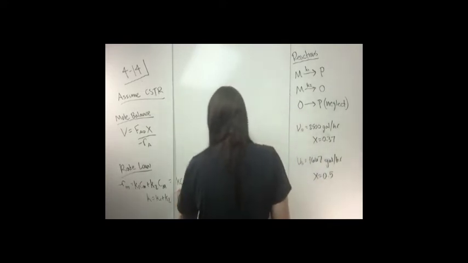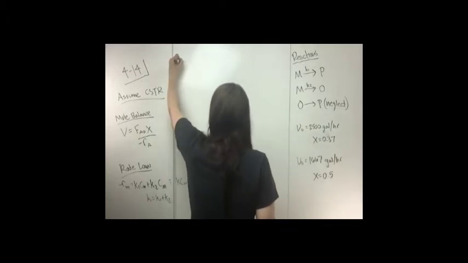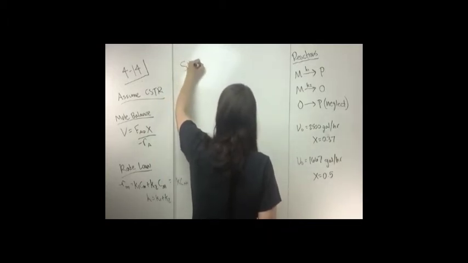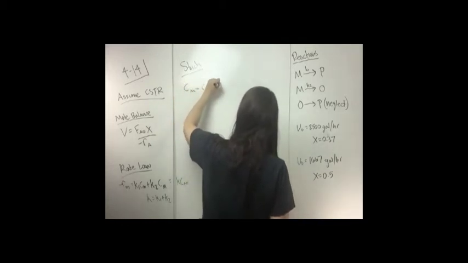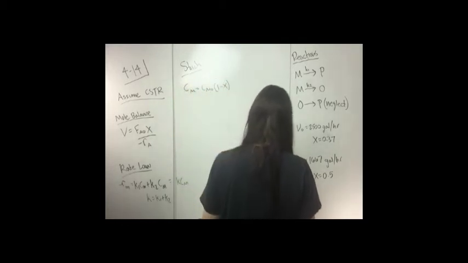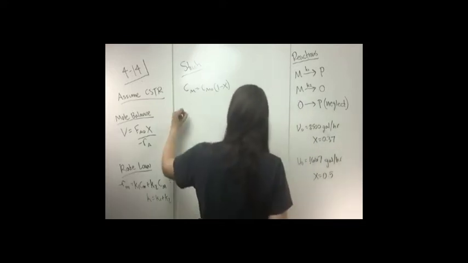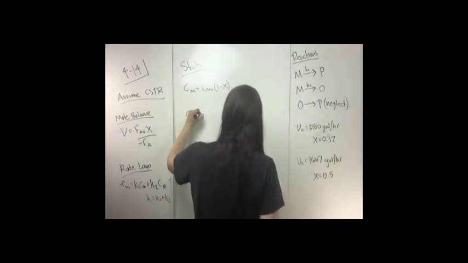Then we need to know what CM is, so we get that from the stoichiometry. CM is equal to CM naught times 1 minus X. Then we can combine these.